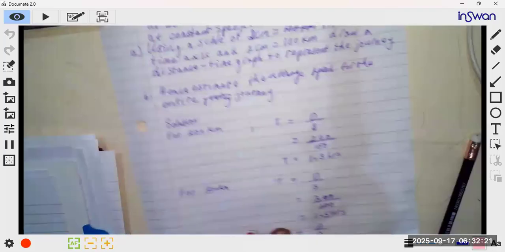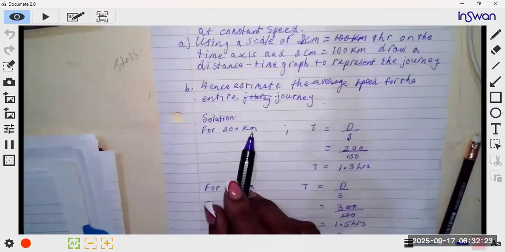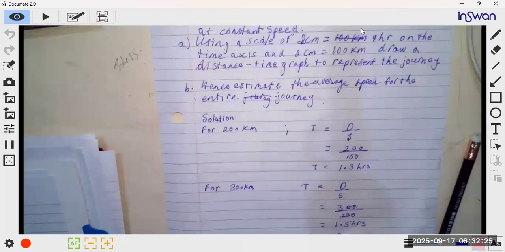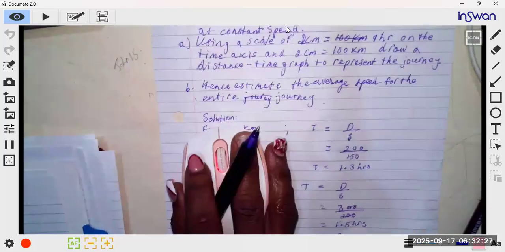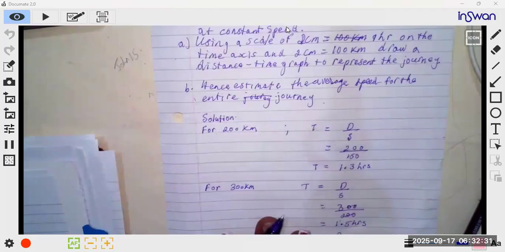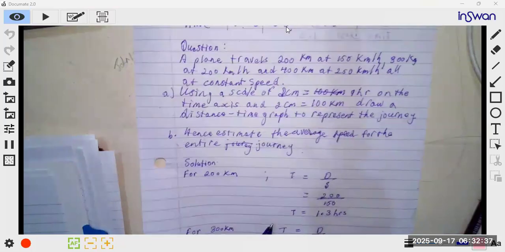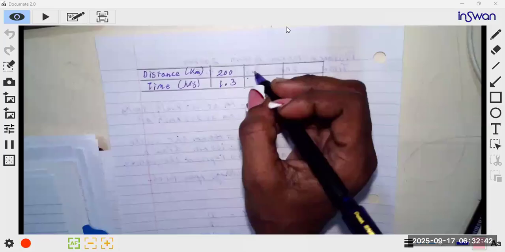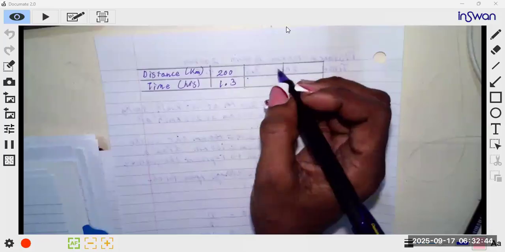So what we'll be doing is adding this next 300 to the 200 kilometers, because it's a journey you're going on. So this will be 200 plus 300, which gives us what?